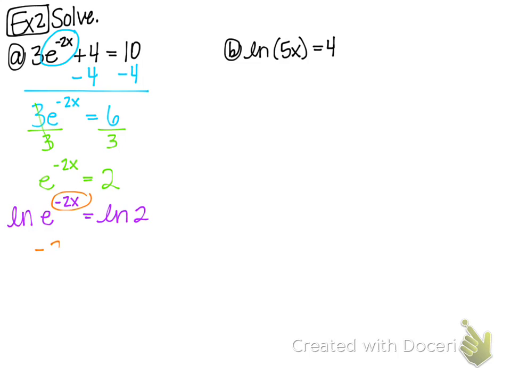So we have negative 2x is equal to natural log of 2. Now remember, your calculator will calculate what natural log of 2 is for you. So to get x by itself, the last thing we need to do is divide both sides by negative 2. So in your calculator, type natural log of 2 divided by negative 2, and you get negative 0.347.